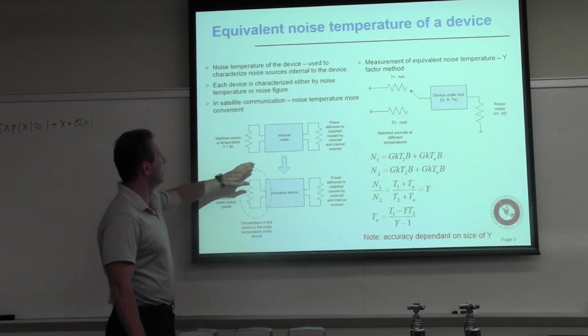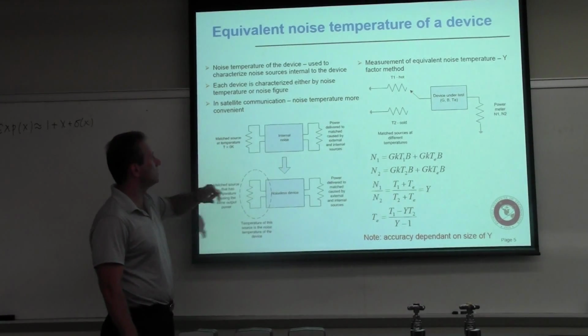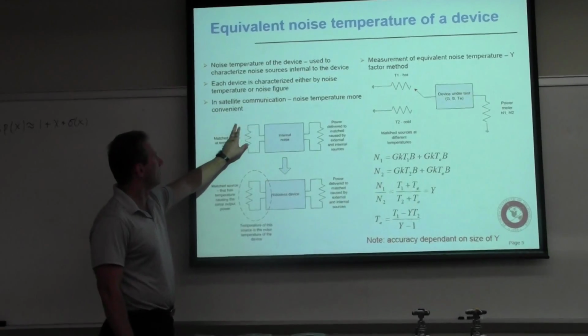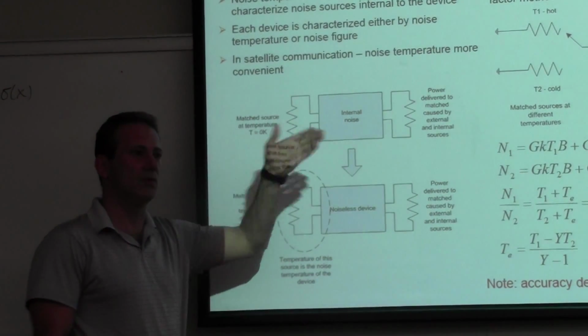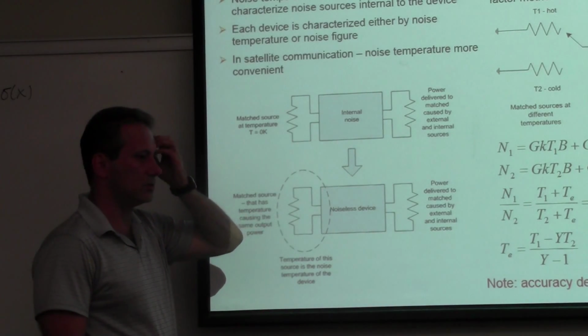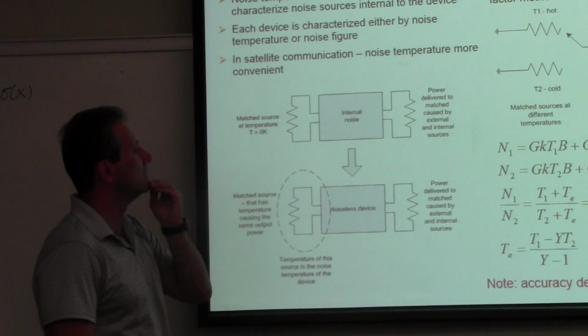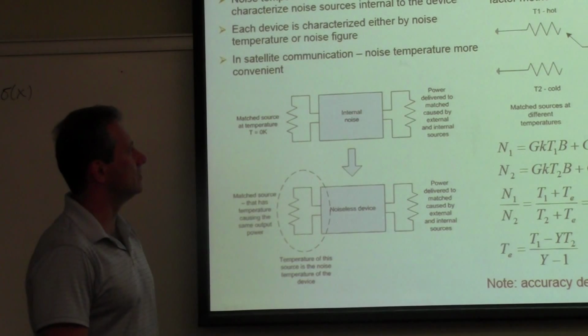Here's the reality. Let's say you have this scenario. I take a matched source. Remember, everything has to be matched to avoid the reflection of the signal because you're at a very high frequency. Here we're talking about microwave waves and S parameters.